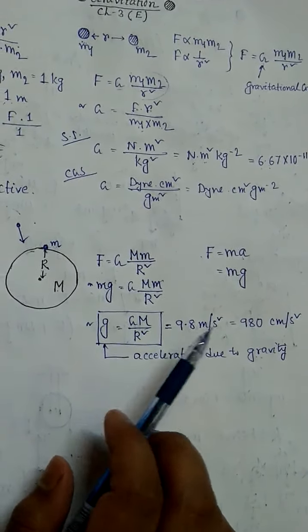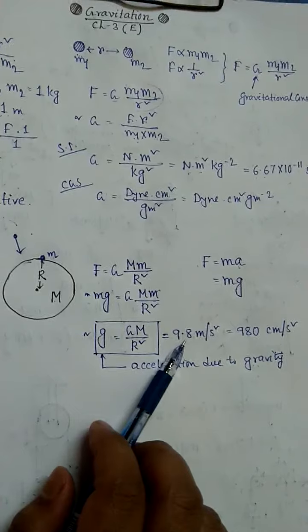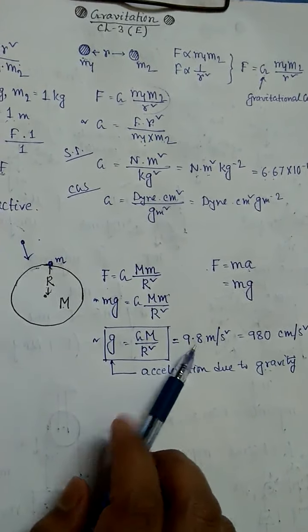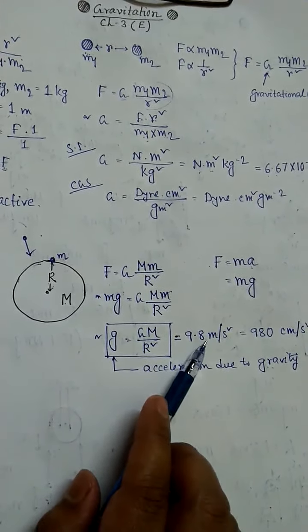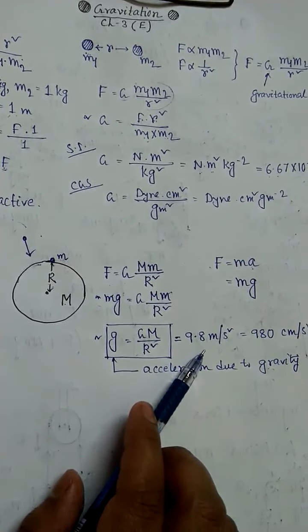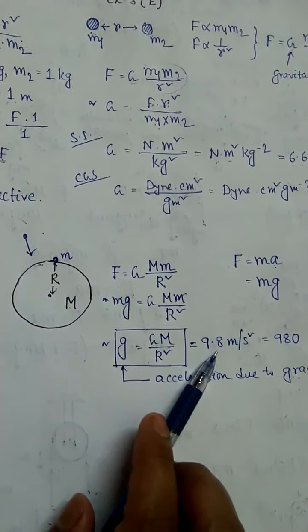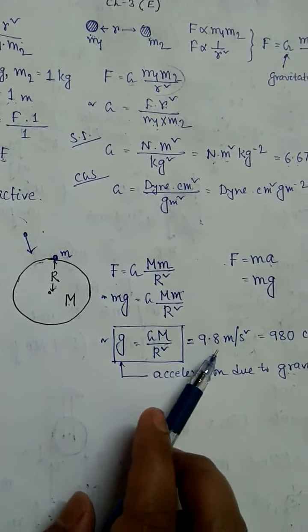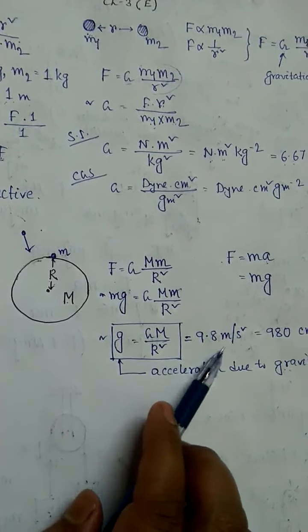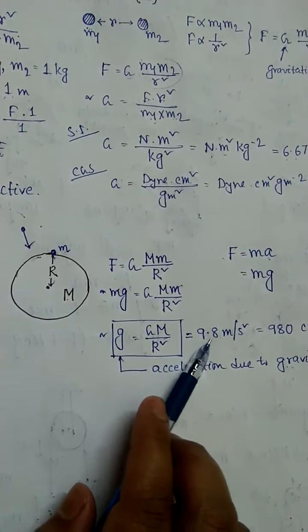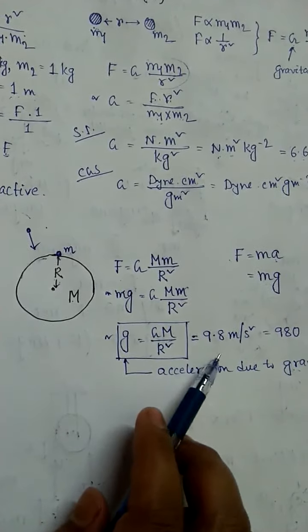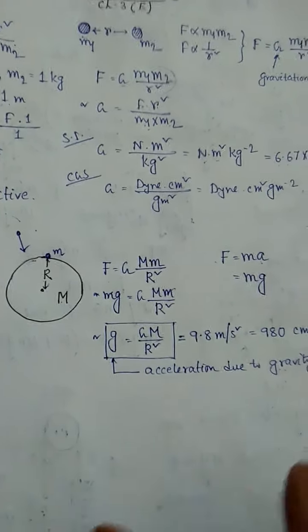And I must tell you, no, you will not write. You are now in class 9, so you have to write 9.8 meter per second square. Sometimes for the simplicity of numerical problems, you can write 10 meter per second square, but its original value is 9.81, but I am considering it 9.8 meter per second square. Is it okay?